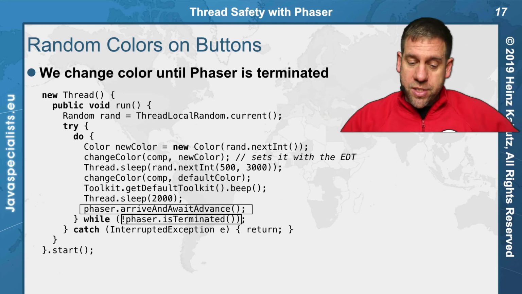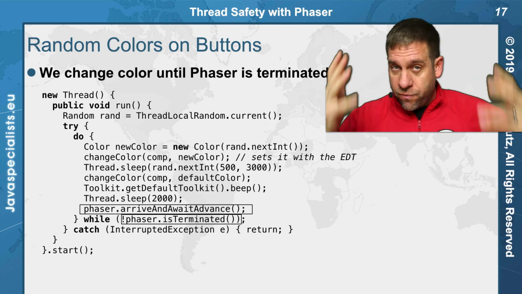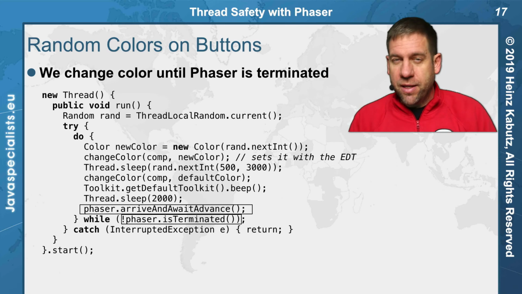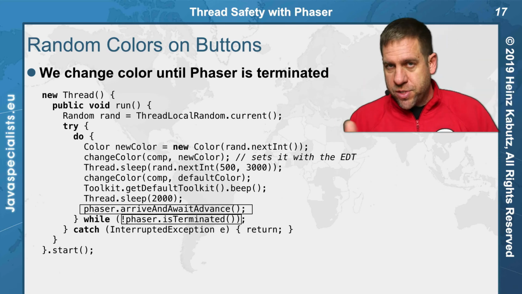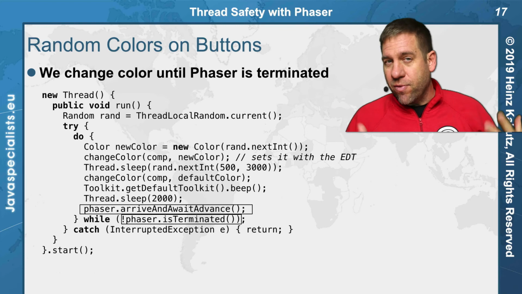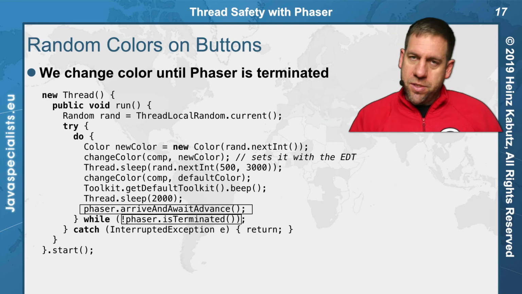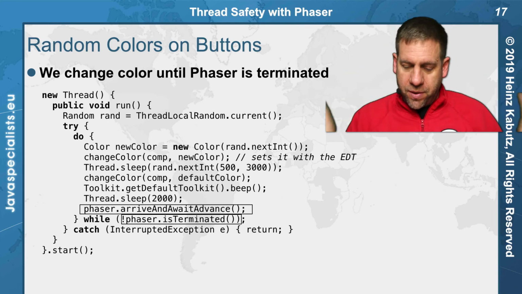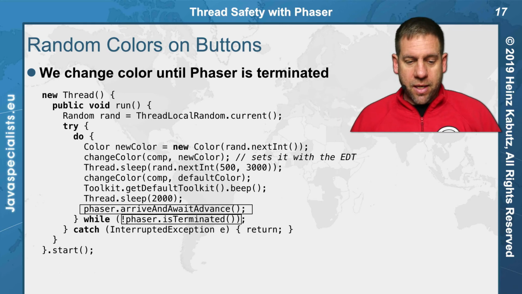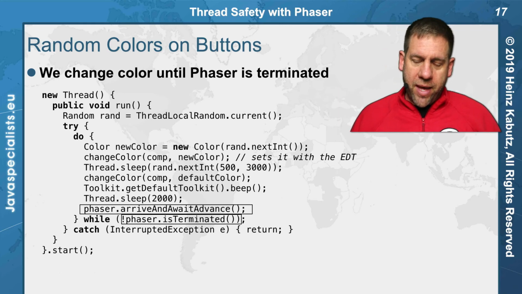And we sleep for 2 seconds. We first change the color back to the original color. We then beep, and then we sleep for 2 seconds. So once everybody's arrived, then we do this whole thing again. And we do it for 3 times, and then we terminate. Once the phase is terminated, then we exit.